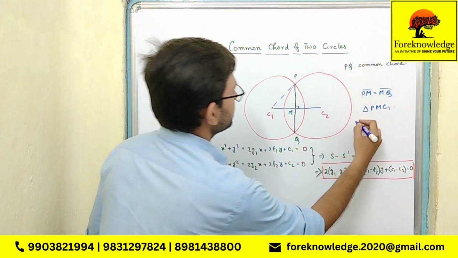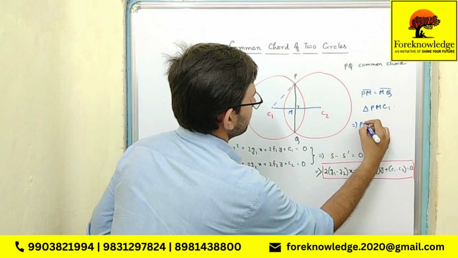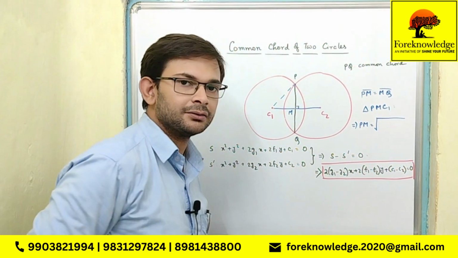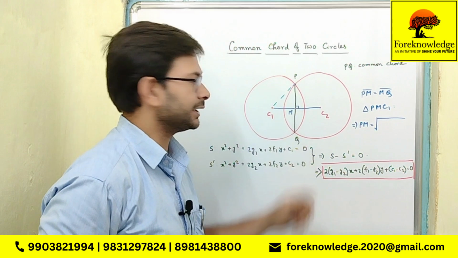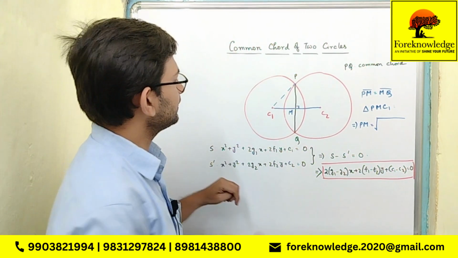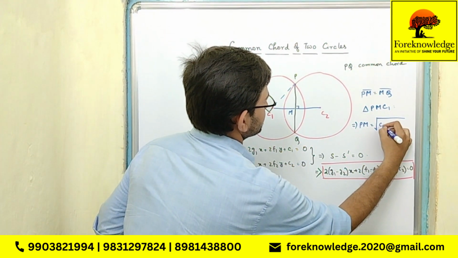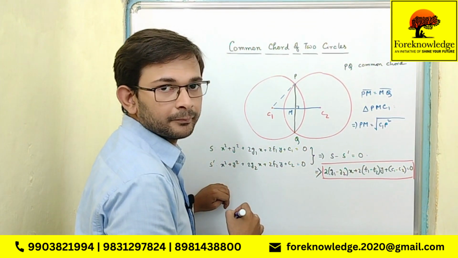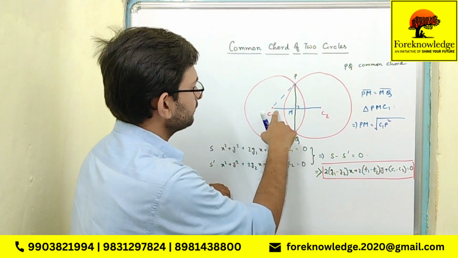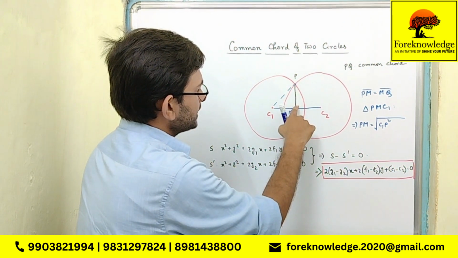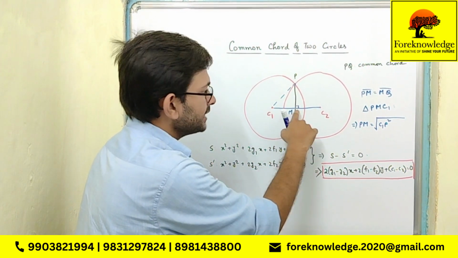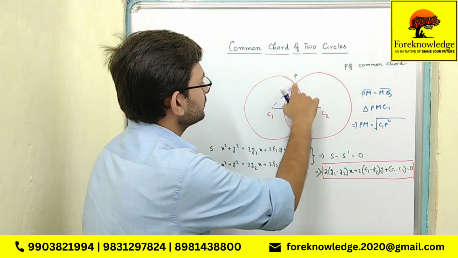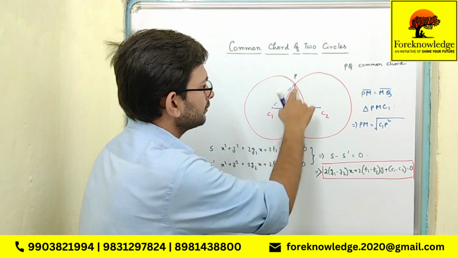So what is PM? Since this is a right angle triangle, by Pythagoras theorem, base square plus height square equal to hypotenuse square. So hypotenuse square minus base square equal to height square.